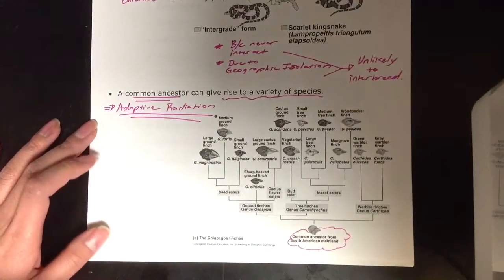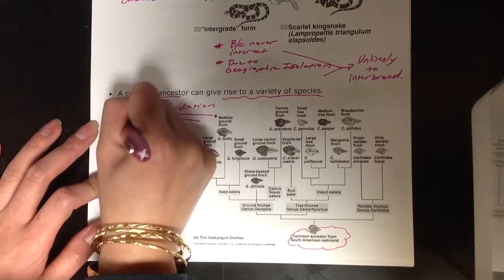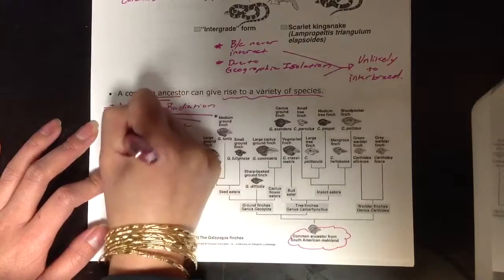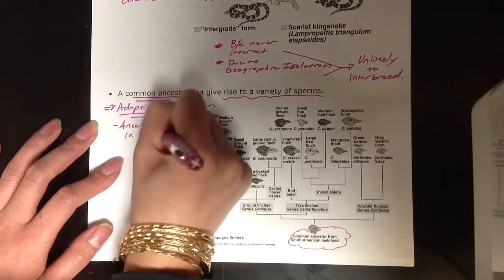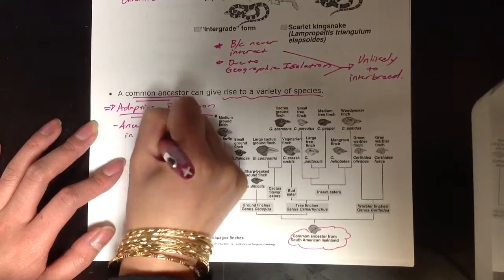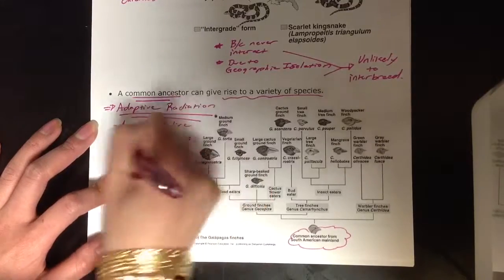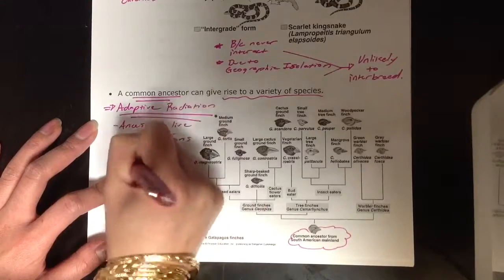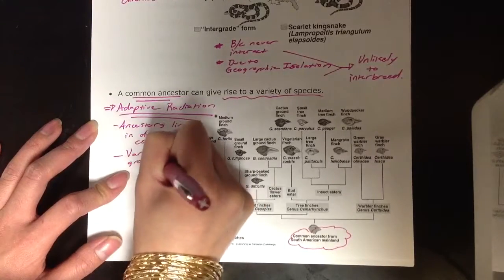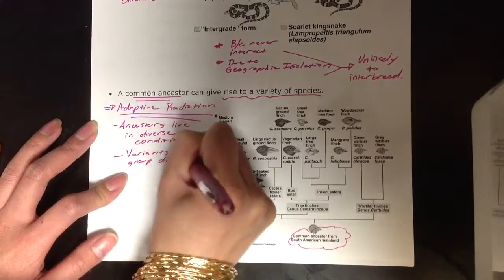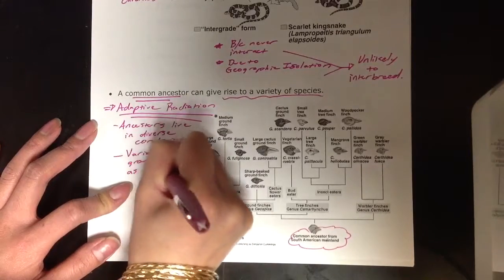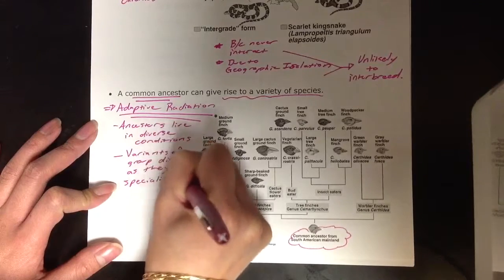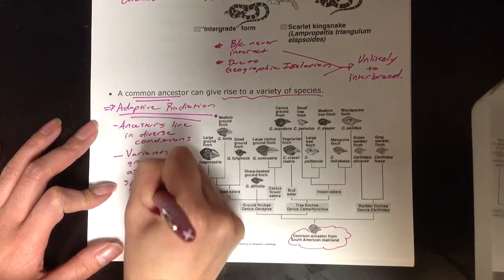And so, what happened? We had ancestors that live in diverse conditions. The variants in that group diverge as they specialize to their conditions.